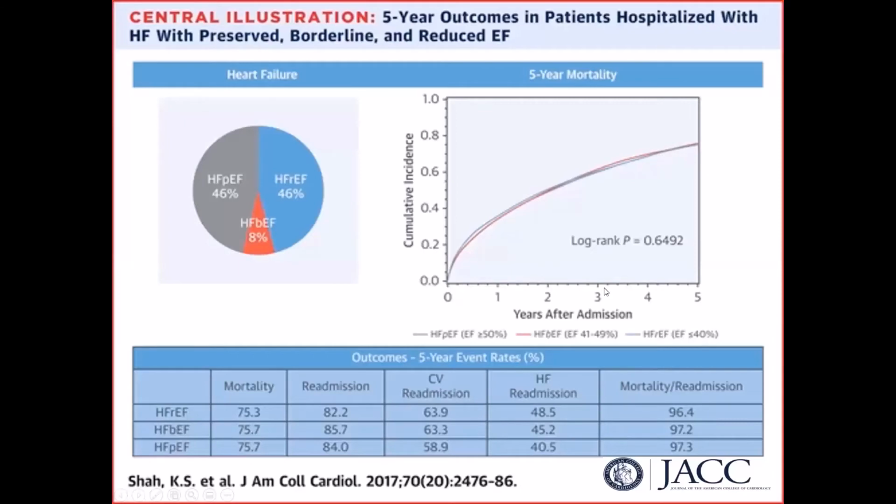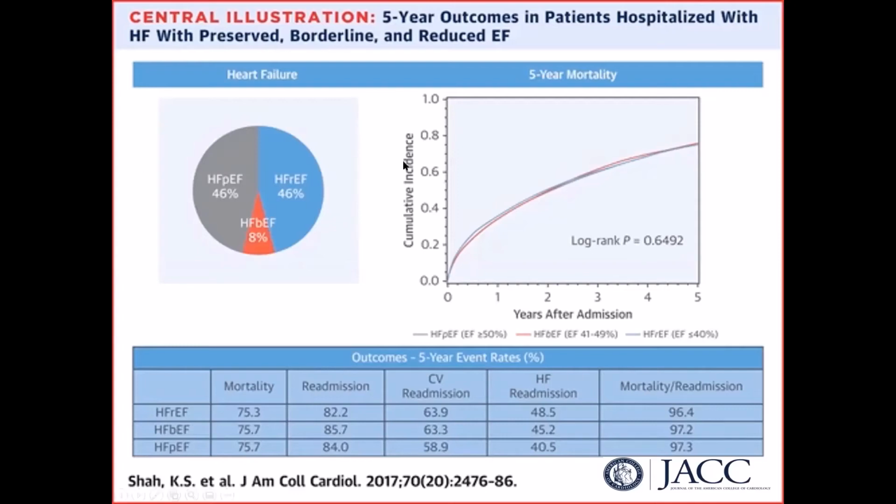And I just want you to focus on two things on this slide. This data is obtained from Get With The Guidelines Heart Failure Medicare patients. So it shows you three things on this slide. This data relates to patients who were hospitalized for heart failure, whether it is heart failure with reduced EF or preserved EF, or patients with heart failure and borderline EF or mid-range EF.